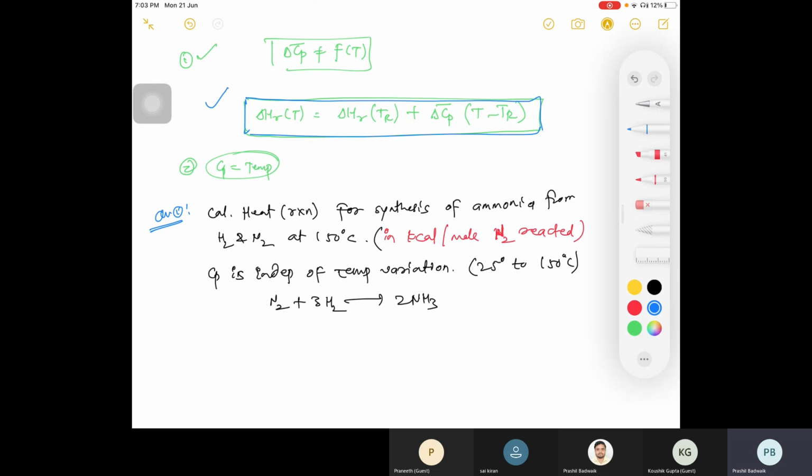Cp values are given. Cp mean for nitrogen is 6.992 calorie per mole per Kelvin. Similarly, Cp for hydrogen is 6.988 and here Cp for ammonia is 8.92.